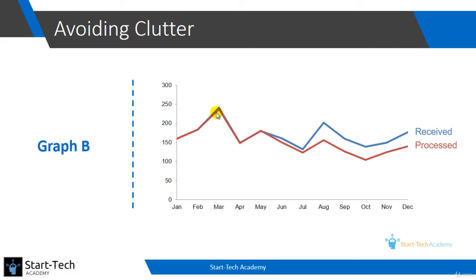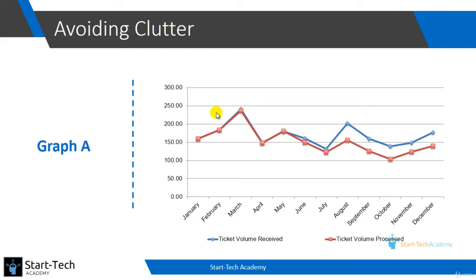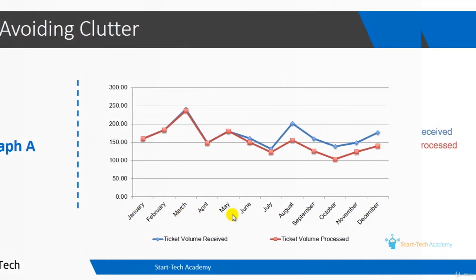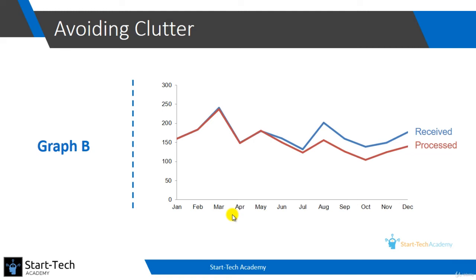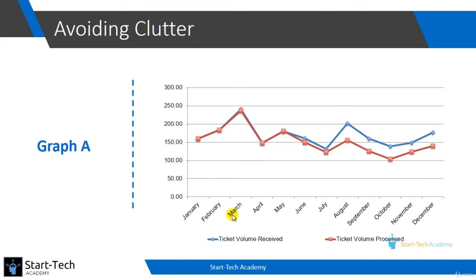The fourth thing that we have done is, here you can see that x-axis labels are January, February, March, that is the complete name of the months. Here we have used the short form of those month names. There are several reasons that showing the month names like this is more preferable than showing a month name like this.